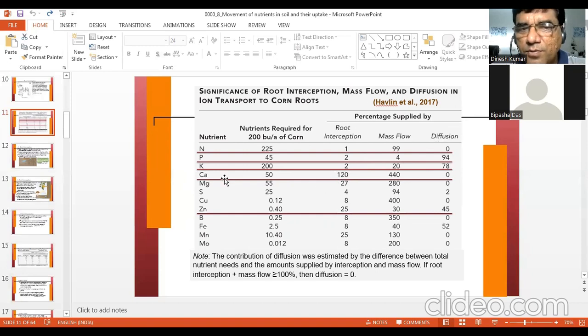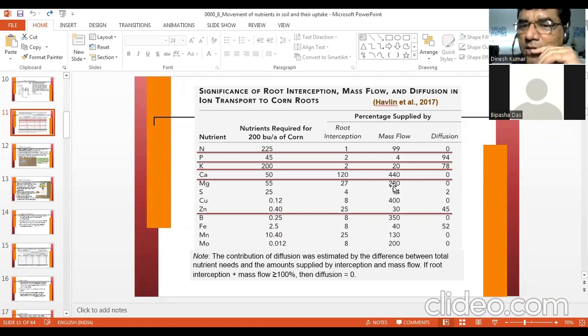But in case of calcium, you can read these three lines to understand, as it is not in percentage. So you can see if the diffusion values are 0, these are relative values actually. So 440 means majority of the calcium will be taken by mass flow and then partly by root interception. Similarly, next for magnesium, it is 0 value.